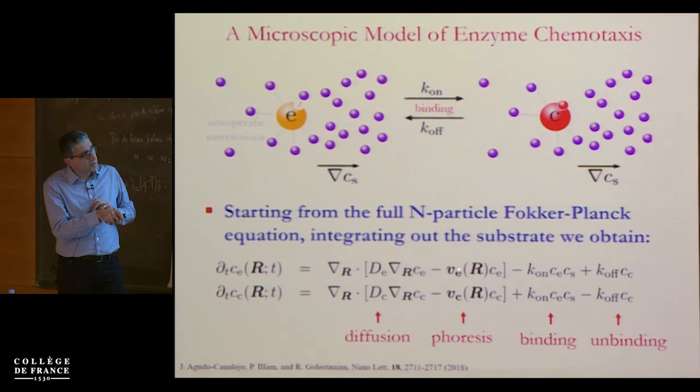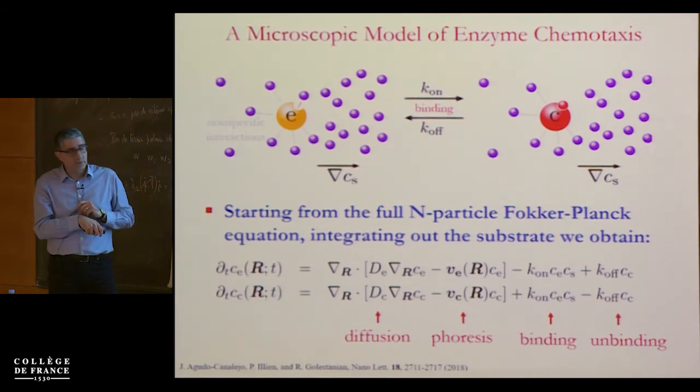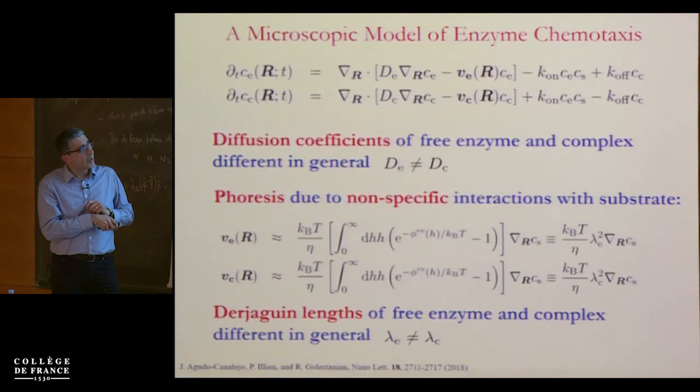Then we have these drift terms, and then we have the binding and unbinding, which will take the system from this population to the other one and vice versa. And then we can look at all these individual terms. For example, the drift velocities we can calculate through the diffusiophoresis of individual enzymes towards their substrates or the molecules that are available in the solution.